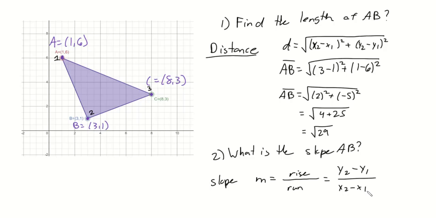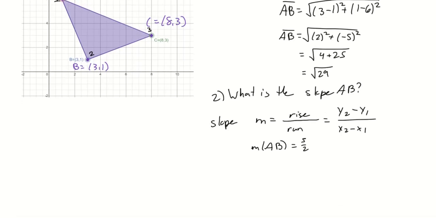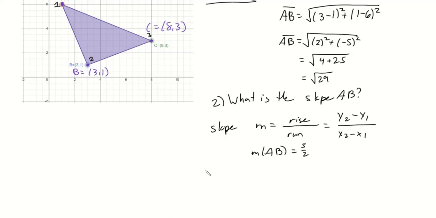Ashley, what did you get for the slope formula? What did you get as your answer for AB? Okay. 5 over 2? Can we also find the slope of BC? Okay.